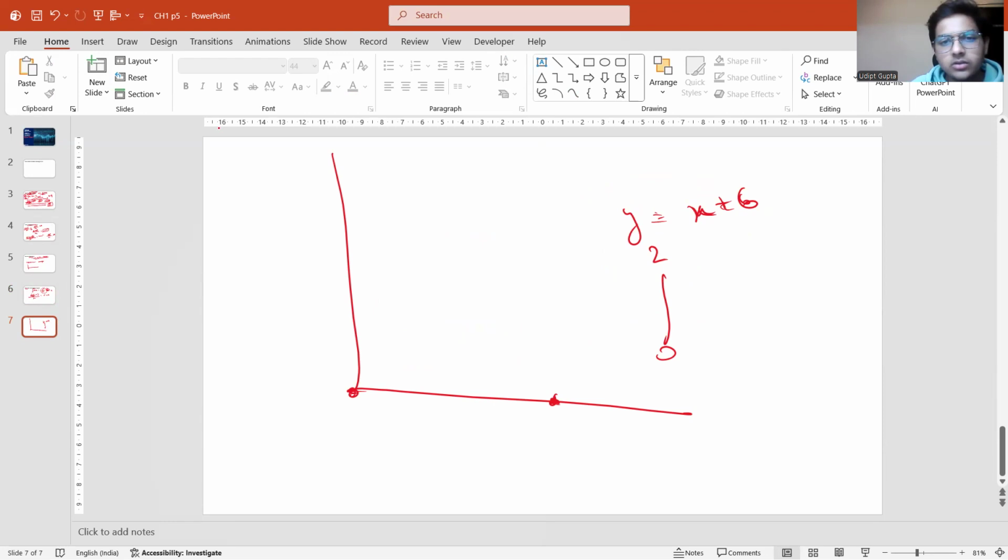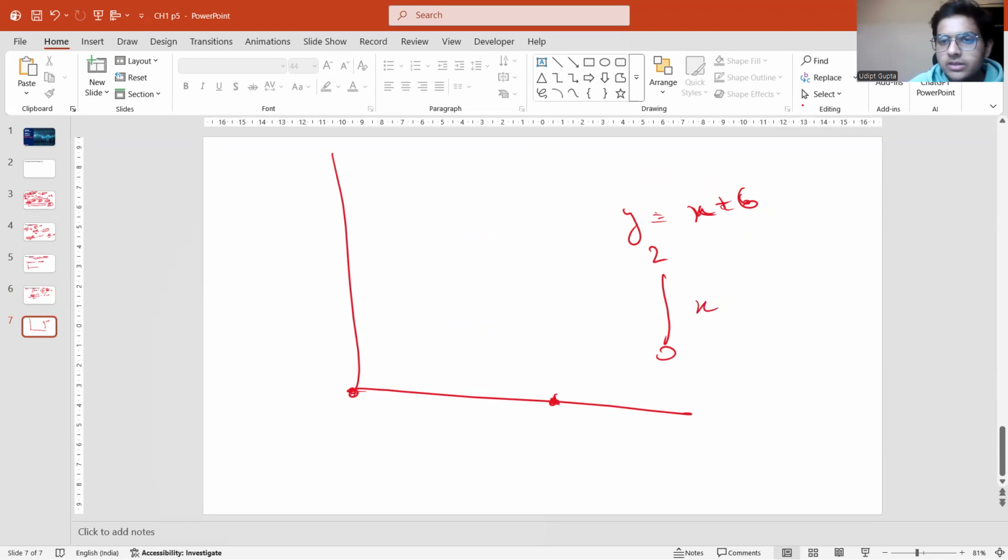The integration of x is x square divided by 2.